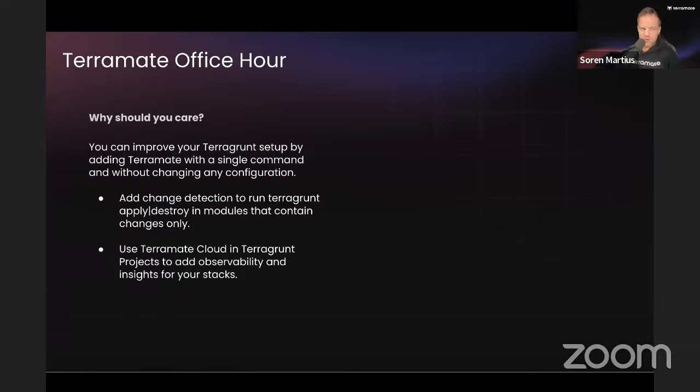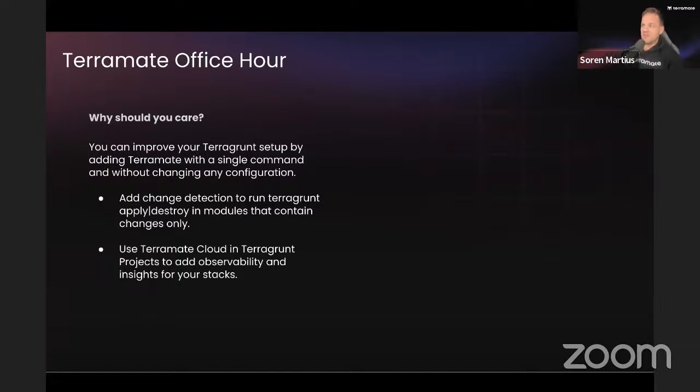There's no easy way to figure out which modules actually contain changes, and there's no orchestration of commands. So we thought, how can we help our users overcome those issues and also open up a potentially broader audience for Terramate? We do this by seamlessly integrating with Terragrunt.